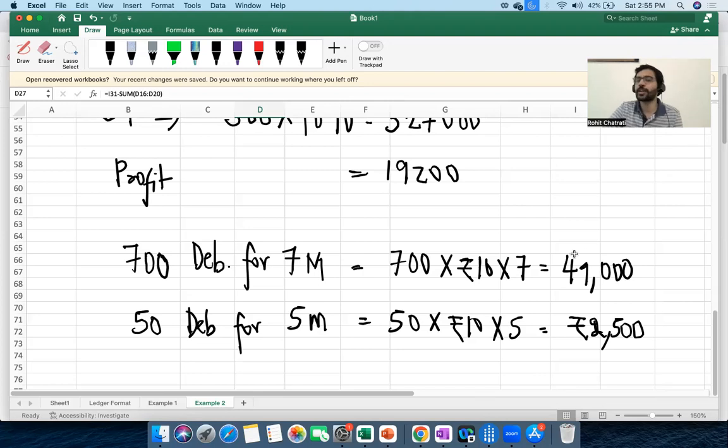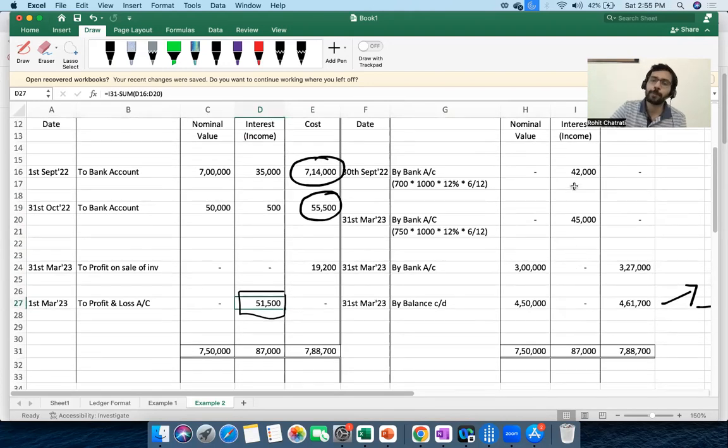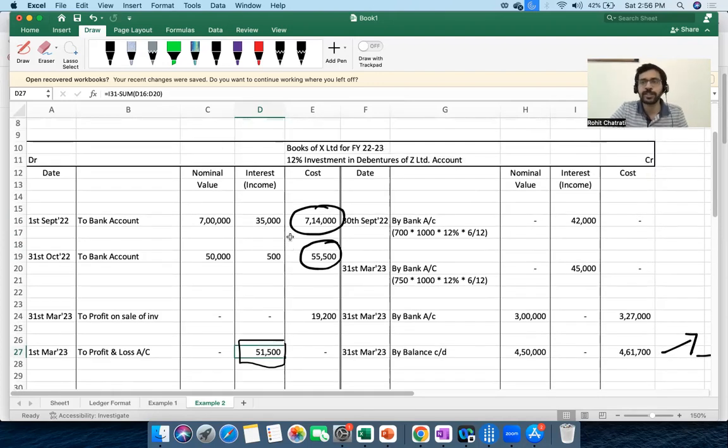Although I have received 87,000 in totality, I'm only taking 51,500 into my P&L account. So that is how we would prepare an investment ledger account with Cum-Interest purchase.